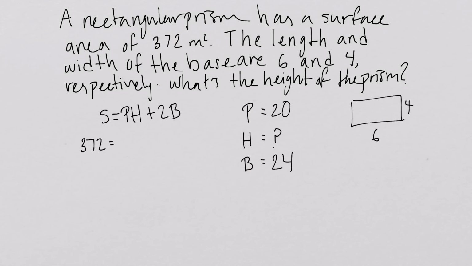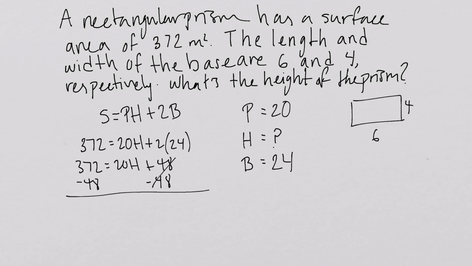So PH, that means 20H, because we don't know what it is, plus 2 times B, which is 24. So 372 equals 20H plus 48. And I'll just solve for H. Subtract 48 from both sides. 372 minus 48 is 324.